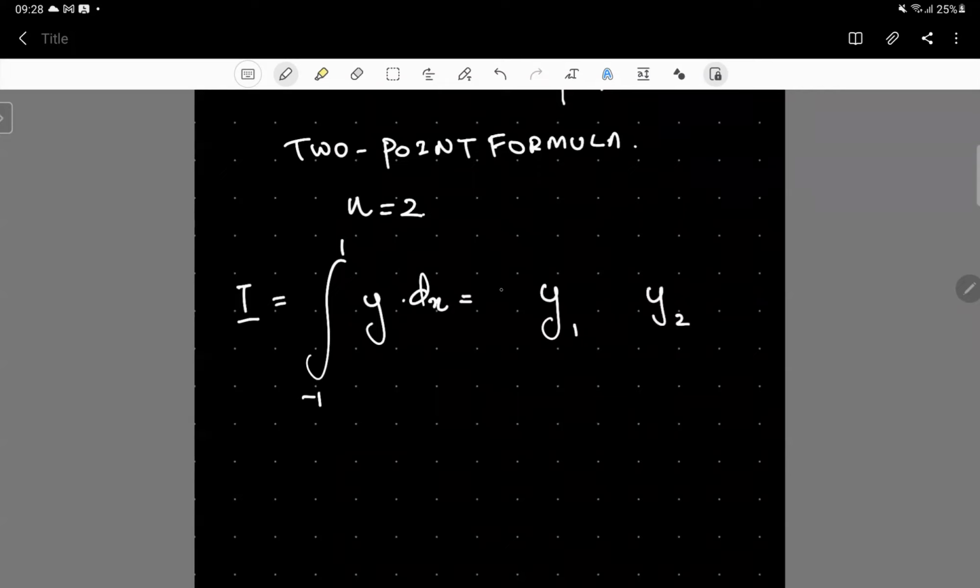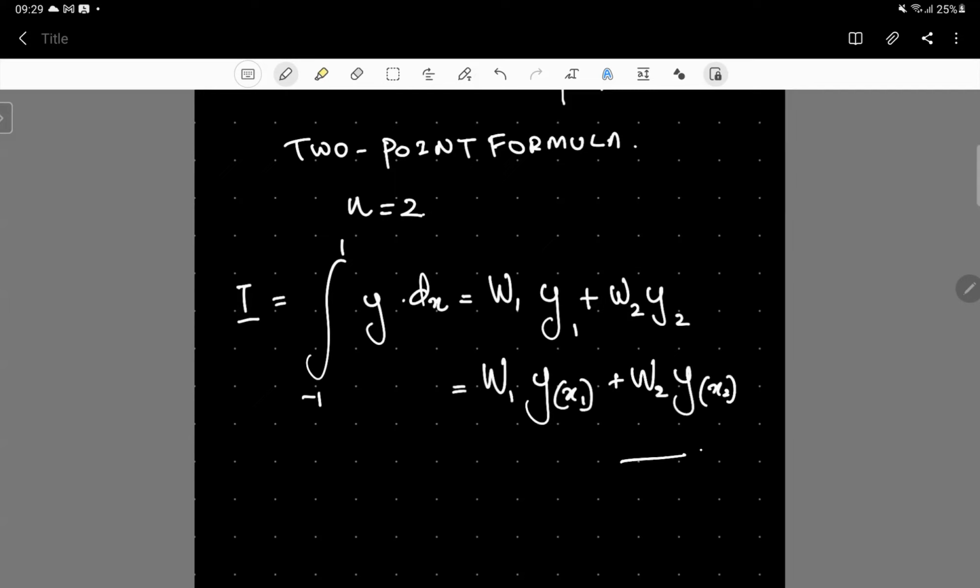And we have to multiply each value evaluated by a certain weight factor, and of course add them. So if we rewrite them again, the y value has to be evaluated at x1, and another y value has to be evaluated at x2.